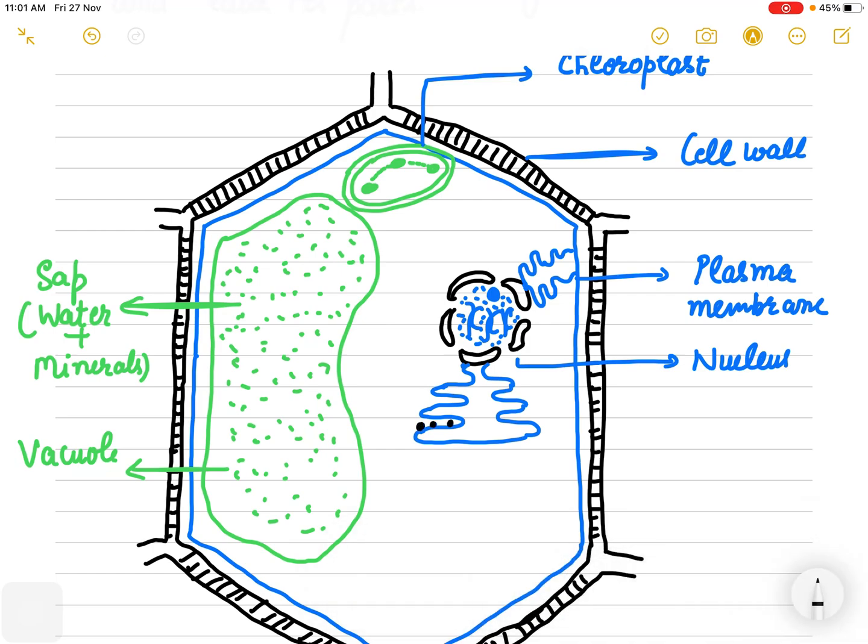On this endoplasmic reticulum you will find these small tiny dots. And what are these dots? These are actually ribosomes.